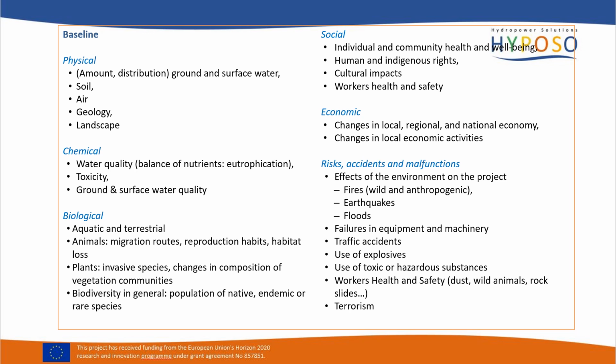Social aspects also include cultural impacts, could be related to archaeological values or spiritual values of the landscape or elements of the environment. Another component is the workers. So in the assessment, it's important to determine to what risks the workers will be exposed, to then propose mitigations to ensure their safety.